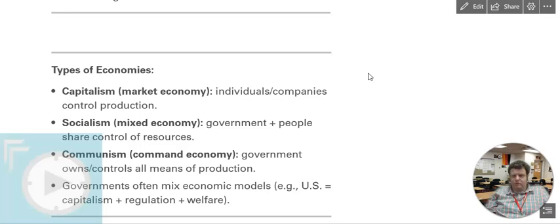And so most of the wealth, most of the economy is run by the decisions of people. In a socialist system, you are seeing a mix of things. There are some private businesses. There's a number of private decisions being made, but the government may run some key industries or run certain businesses for the benefit of the people.